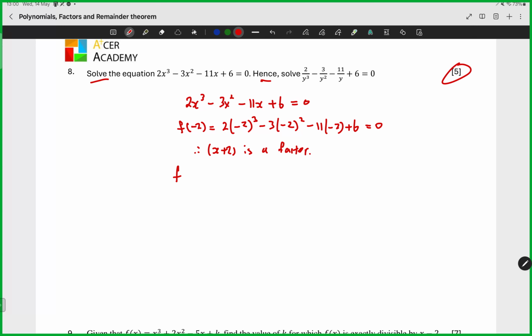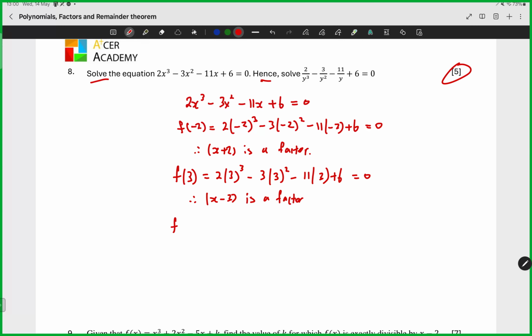So we don't need to spend too much time on it. Using the calculator, we know that there are two other factors, which are half and 3. So we'll do something like f of 3 equals 2 times 3 cubed minus 3 times 3 squared minus 11 times 3 plus 6, which also equals 0. Then we can conclude x minus 3 is also a factor.